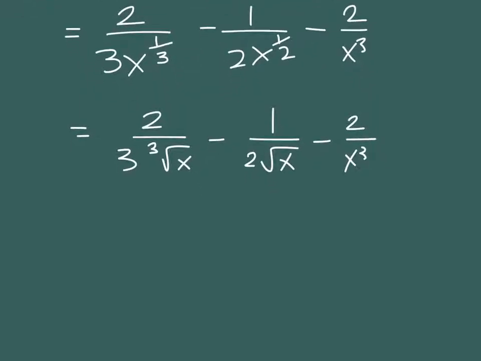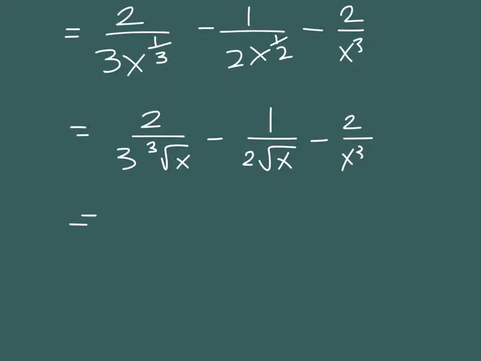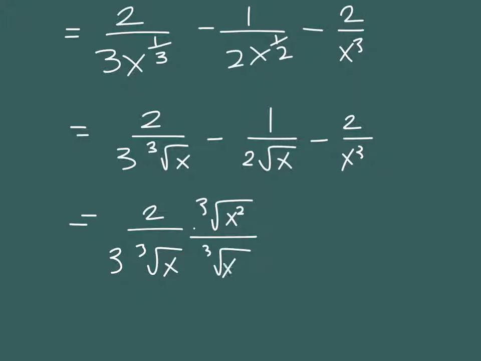And then we rationalize. So this is 2 over 3 cube root of x. We'll multiply this by the cube root of x squared. Why cube root of x squared? So that it will match the cube. So x and x squared will become x cubed. They will cancel.